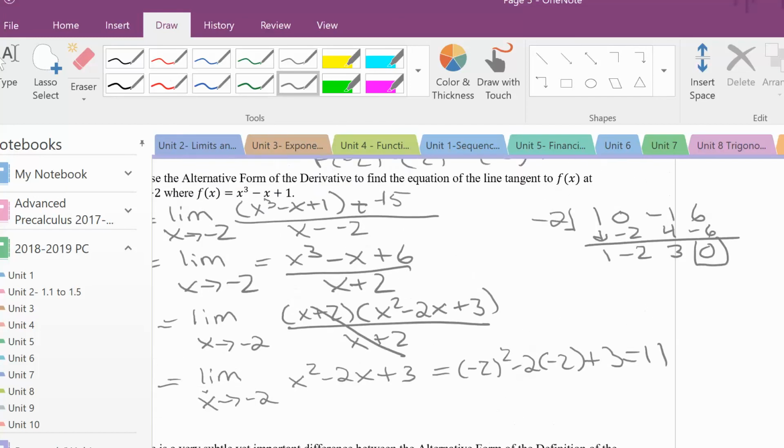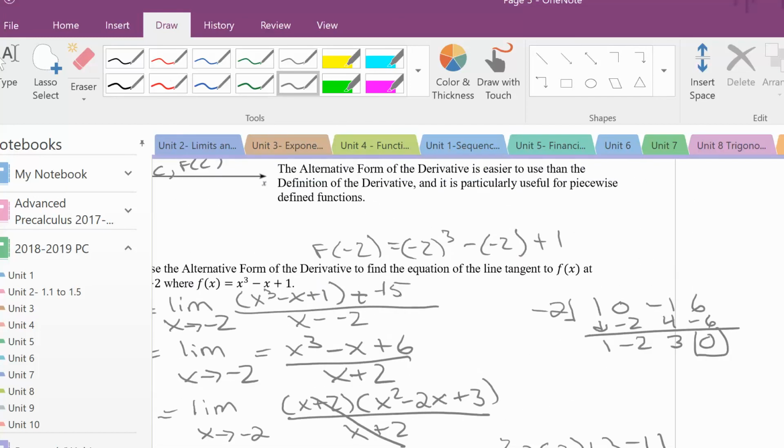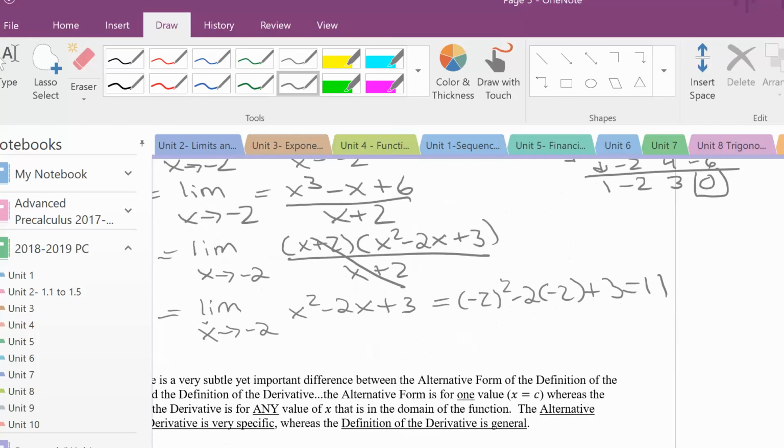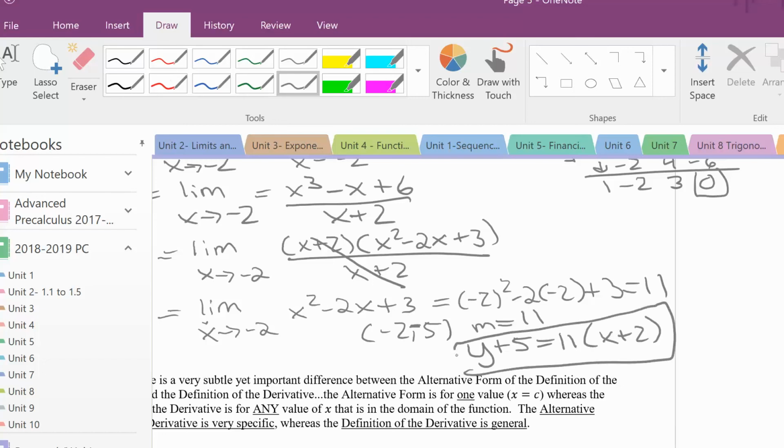So when we put -2 in, we got -5. So that means the point is -2, -5. The slope is 11. When I write my equation, it's y plus 5 equals 11 times x plus 2. That's the equation of the tangent line at that point.